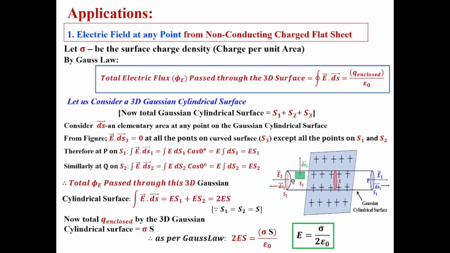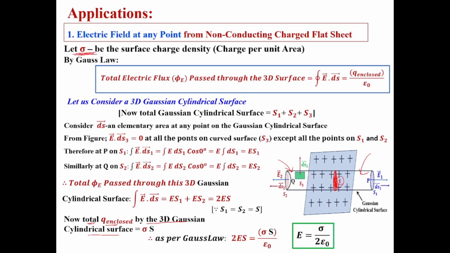Now we are going to calculate the total charge enclosed by the 3D Gaussian cylindrical surface. The charge contained by this surface is the charge enclosed by this 3D Gaussian surface. The surface area of this surface is S. Per unit surface area, the charge given is sigma.